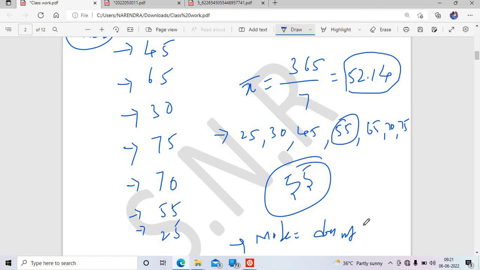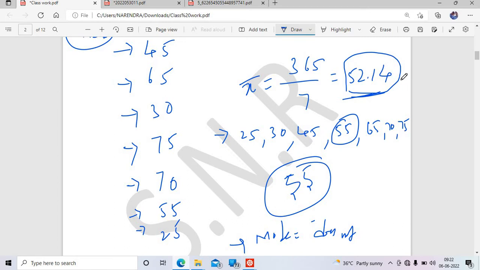Geometric mean and harmonic mean are also important in different ways, and we will discuss them when the case comes. Now my question is: what does this 55 indicate, what does the mode indicate, what does 52.14 indicate? Any idea? X bar of 52.14 means each and every value contains 52.14. What about the median? I got the median as 55.